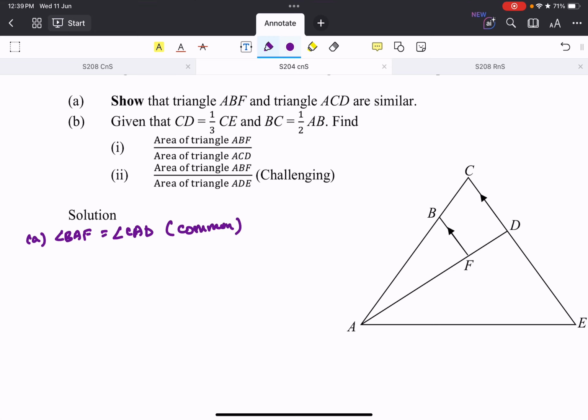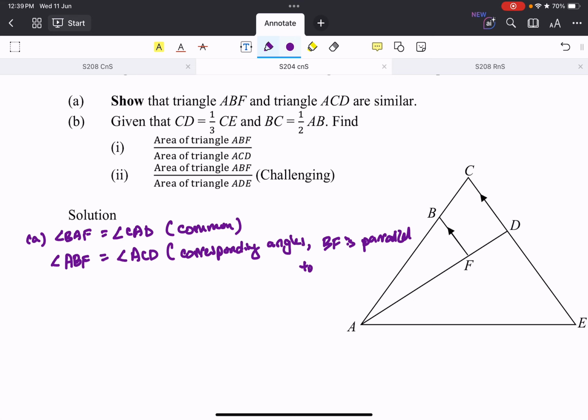And then we know that angle ABF equals angle ACD because of corresponding angles, because BF is parallel to CD.